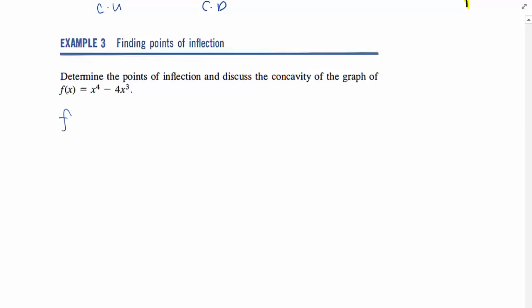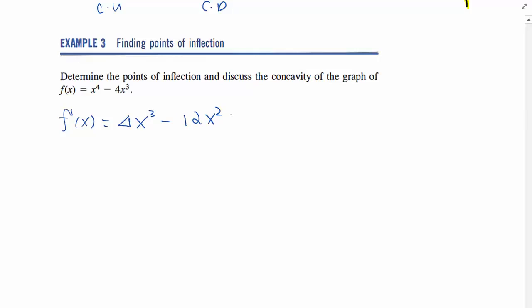So f prime of x equals 4x cubed minus 12x squared. Actually, I skipped a step, but even so, I think now it is time for you to use those shortcuts, and then you should know how to do it. So please practice.